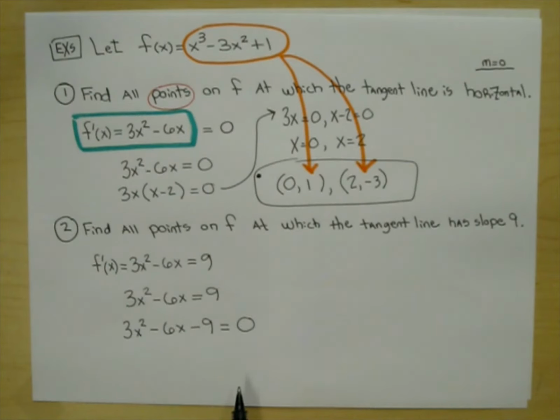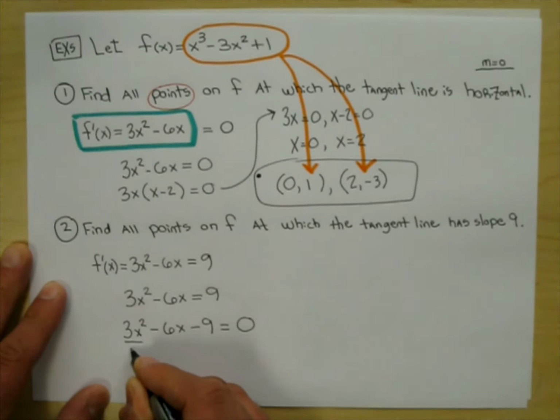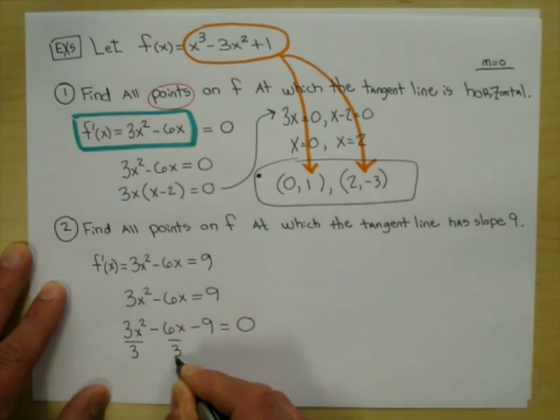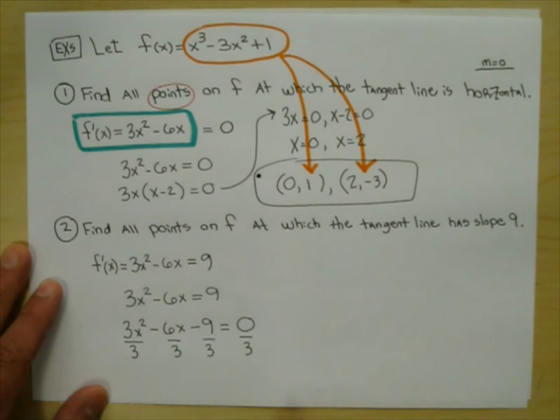We might need the quadratic formula, but I think what we should always try to do is see if it factors. I'm going to divide each term, dividing both sides of the equation by 3, but I'm dividing each term by 3. And so what does it give me? It gives me x squared minus 2x minus 3 equals 0.